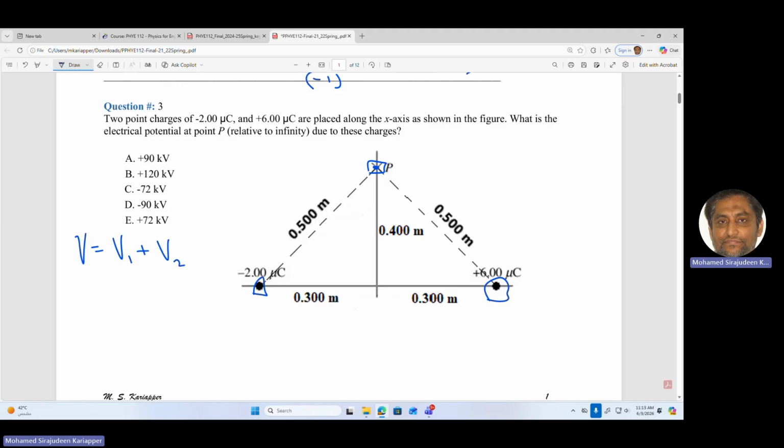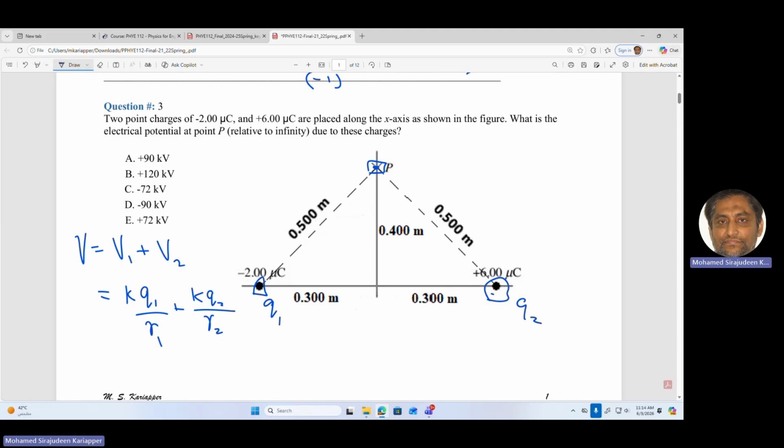So let me call one of them V1, the other one V2. And then you need to remember this equation. If you don't remember, well, it is in the formula sheet. The potential due to a point charge is kq over r. So if we have q1 at this point, let me call this q1 and this one q2.